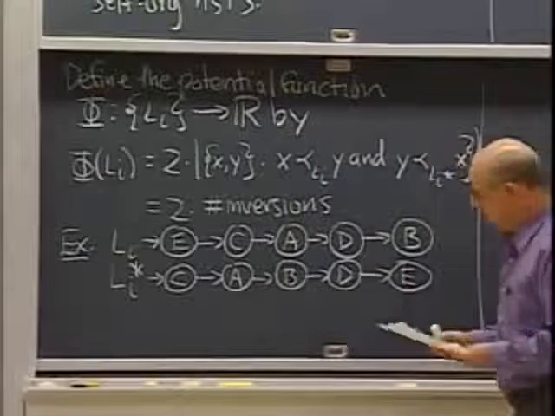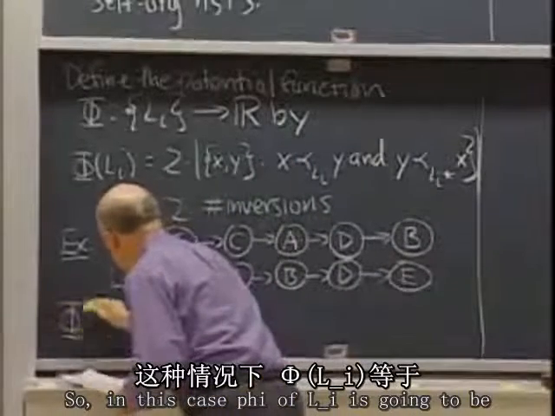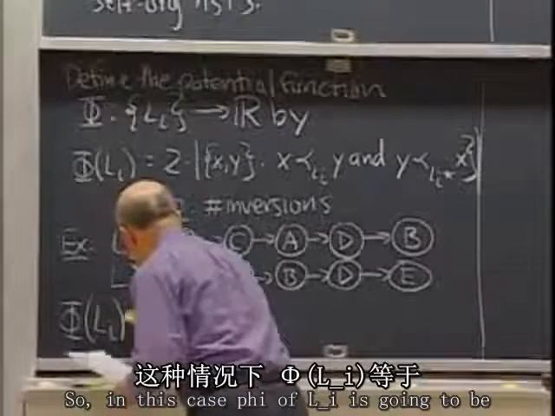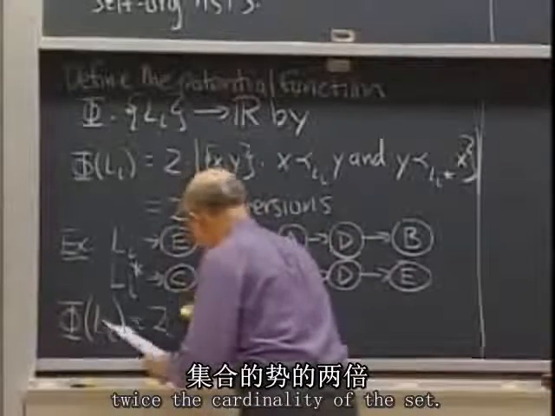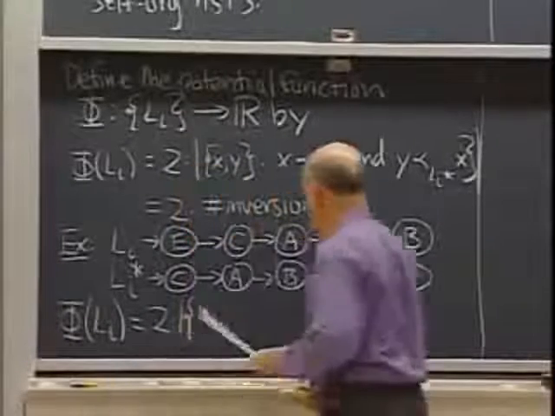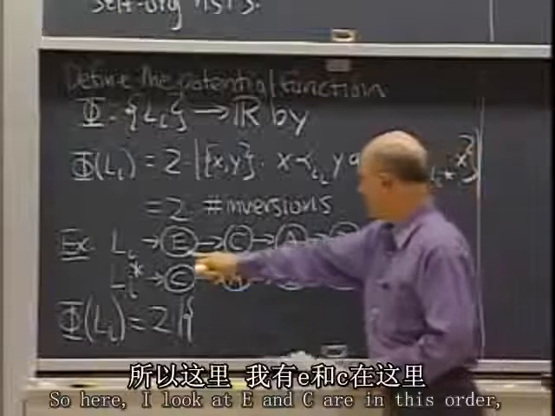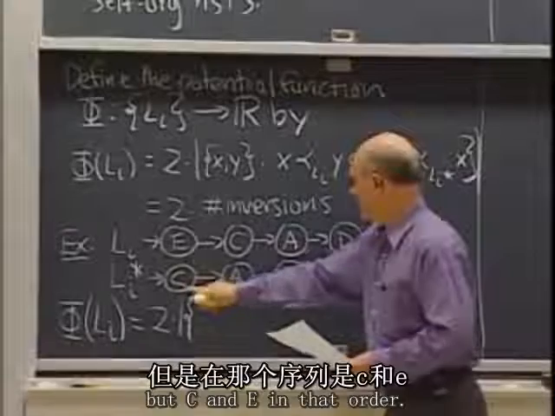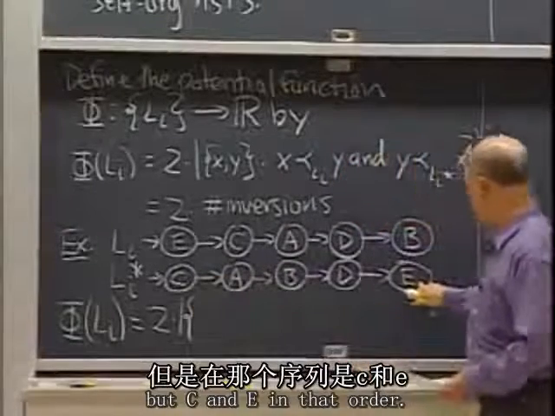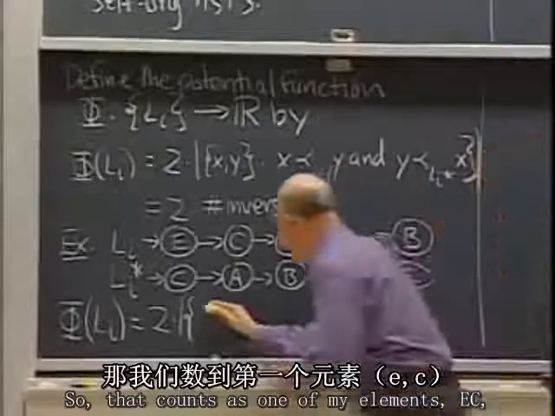Okay, so in this case, phi of Li is going to be twice the cardinality of the set. So what we want to do is look to see which things are out of order. Here I look at E and C are in this order, but C and E in that order. So those are out of order. So that counts as one of my elements, EC.